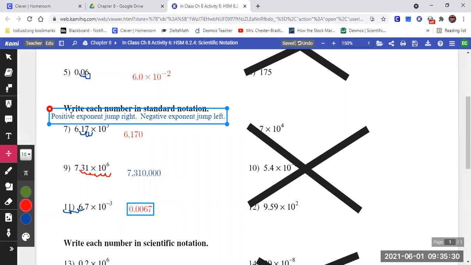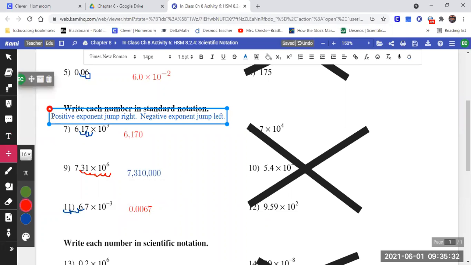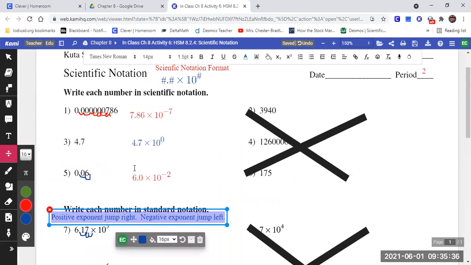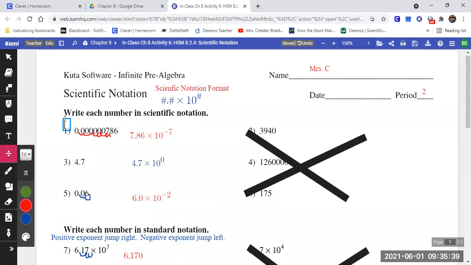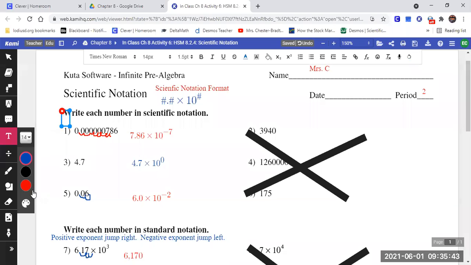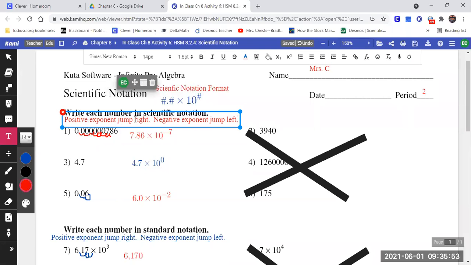I realized I want to put one of these notes up above here. So let's move up here. Oops, that's a text box. Now, the thing that works opposite when you're creating: positive exponents jump left.